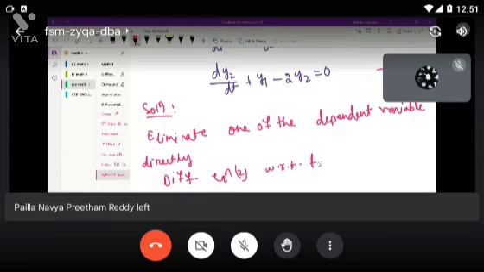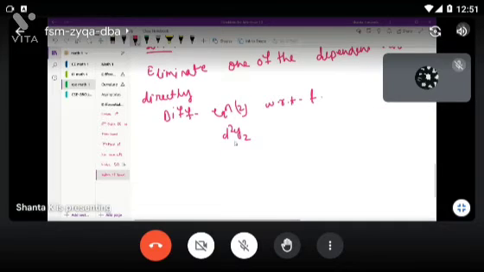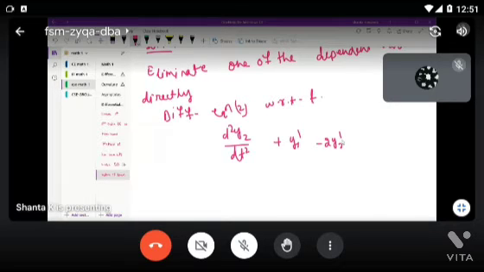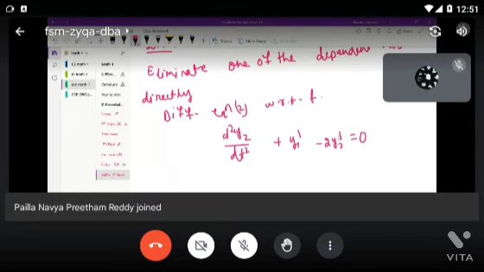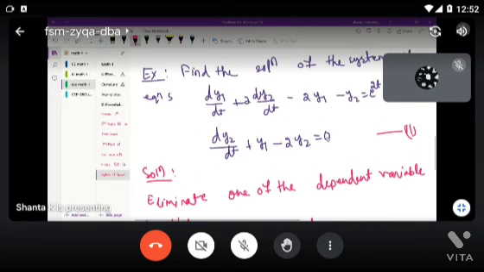So what we will be getting is the second order equation plus y1 dash minus 2y2 dash equals 0. Here dash means the first order derivative. Now again we will substitute y1 dash from the first equation.